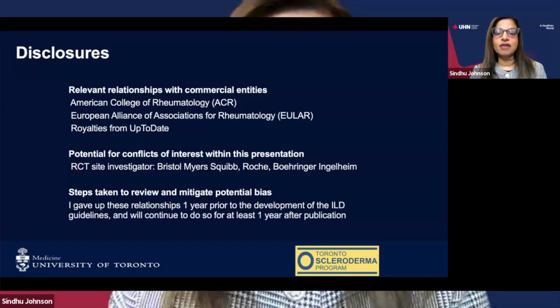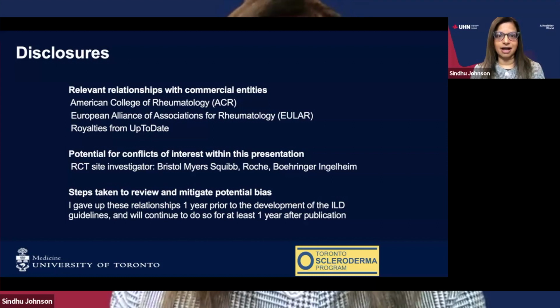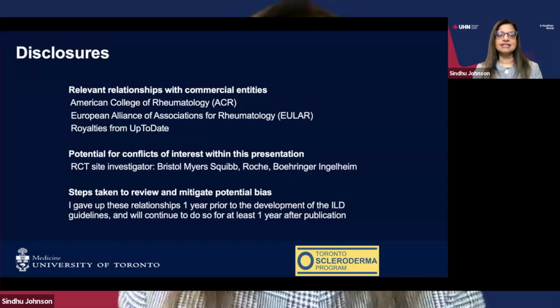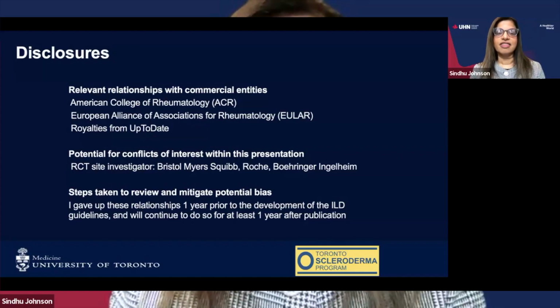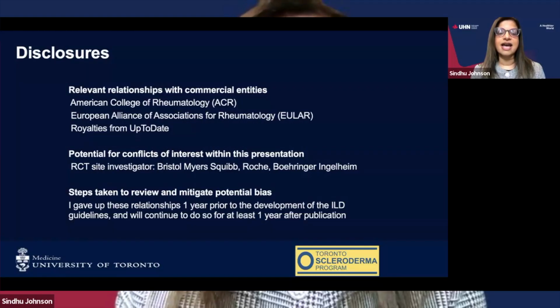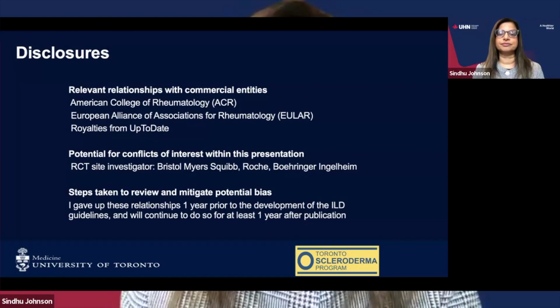With regards to potential conflicts of interest within this presentation, I have previously served as a site investigator on several clinical trials for data that informed this guideline, notably for tocilizumab and nintedanib. The steps I've taken to review and mitigate these potential biases are that I have given up all pharmaceutical relationships 1 year prior to the development of the ILD guidelines, and I will continue to do so for at least 1 year after its publication.